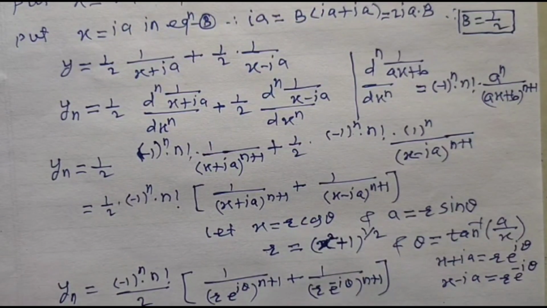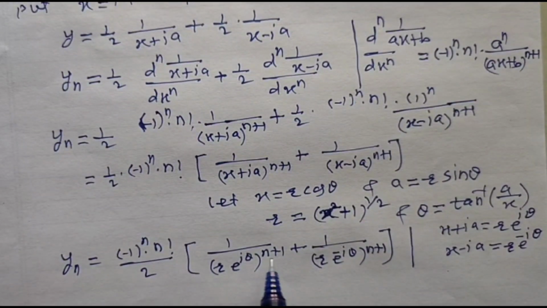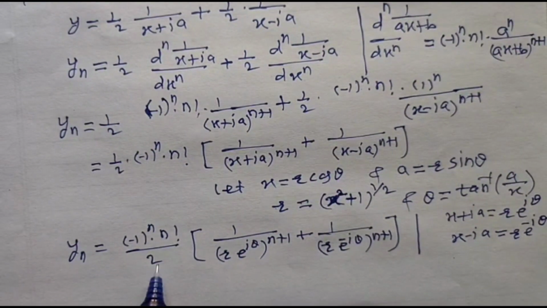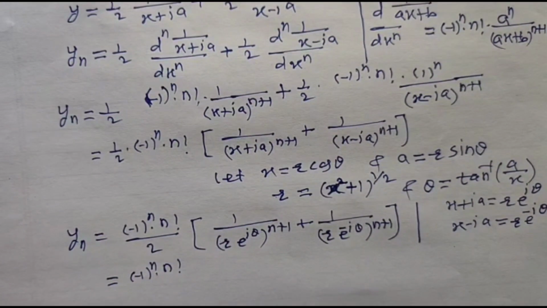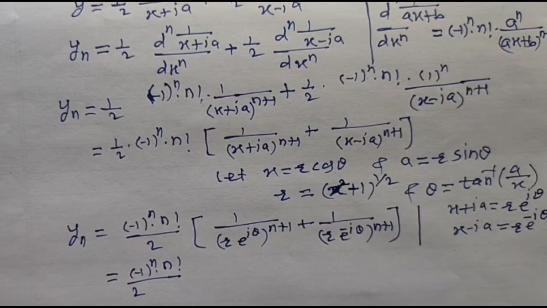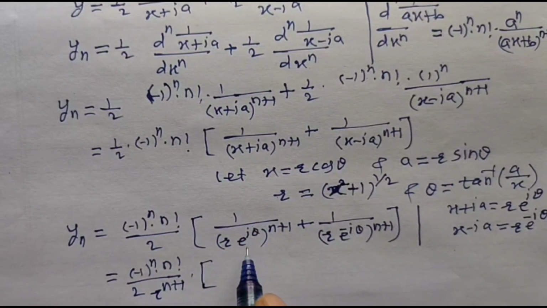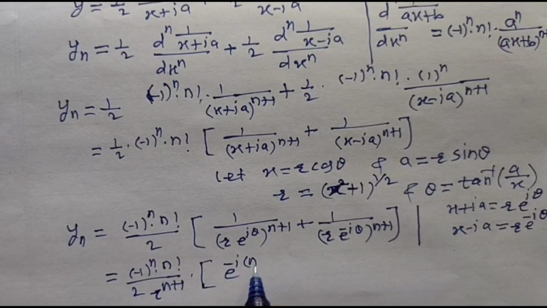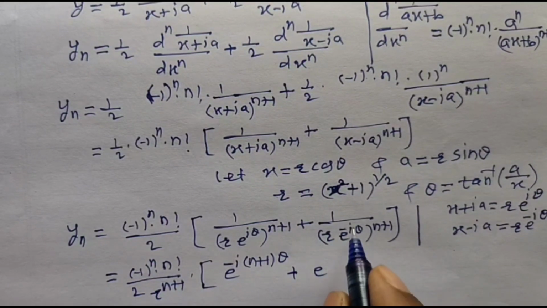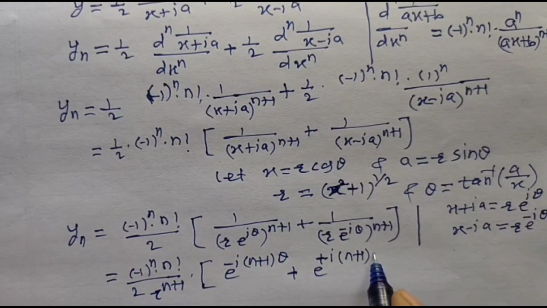Now what we have to do here, we can take r to the power n plus 1 common from the denominator. This is equal to minus 1 to the power n factorial divided by 2 into, we are taking r to the power n plus 1 common, and then in bracket remains 1 upon e to the power i into n plus 1 times theta. You can take this in numerator, e to the power minus i into n plus 1 times theta plus e to the power i n plus 1 times theta.